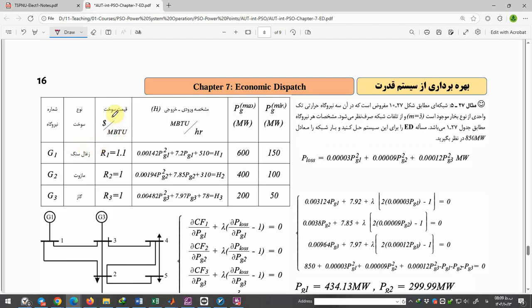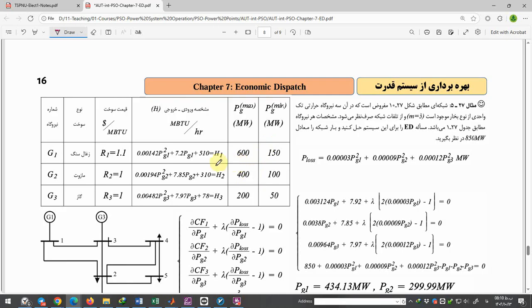The cost of fuel in dollars per million BTU and the million BTU per hour are H1, H2, H3, and the maximum and minimum power which each generator can supply.